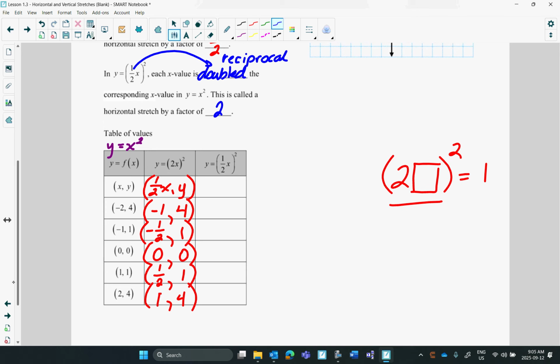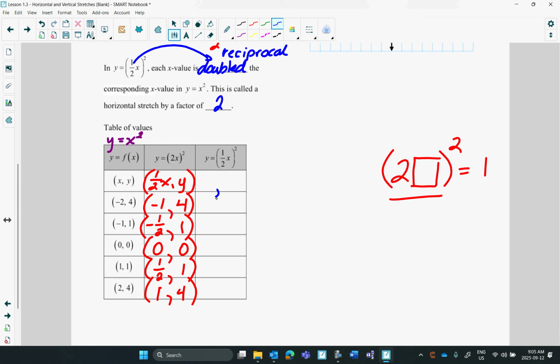And we'll see that's how it works again. This doesn't change. So 4, 1, 0, 1, 4.